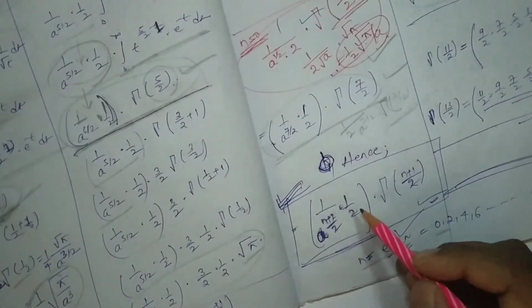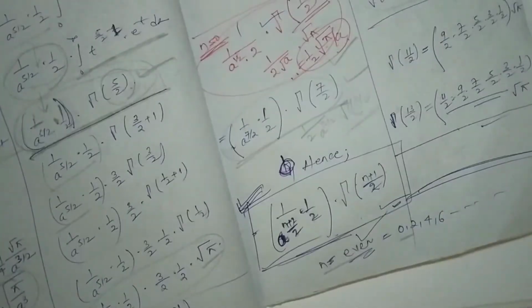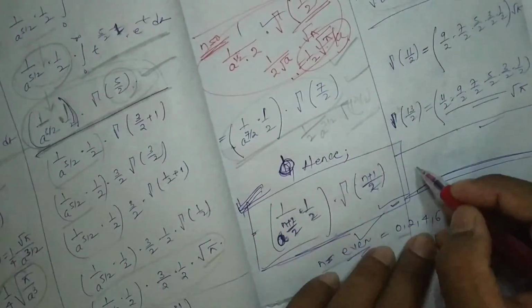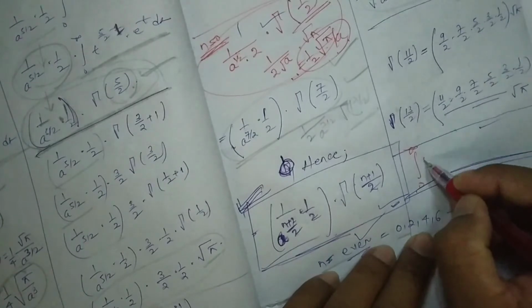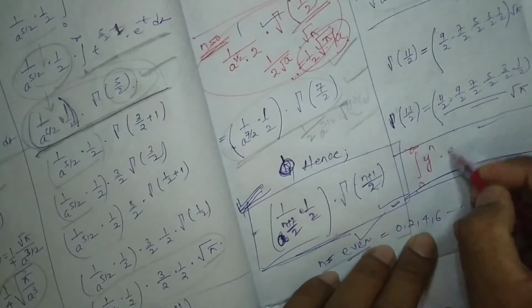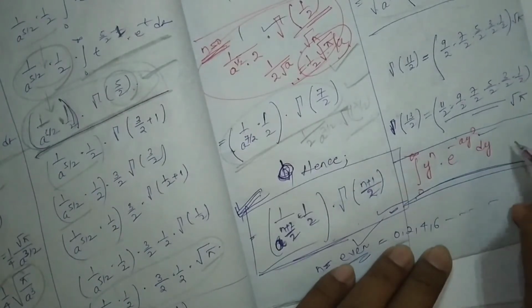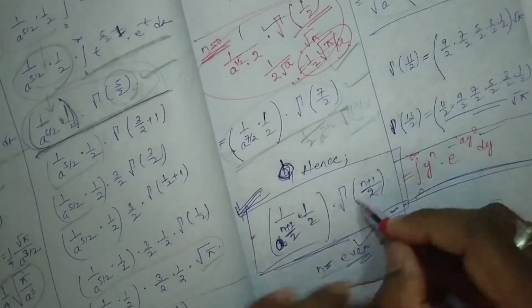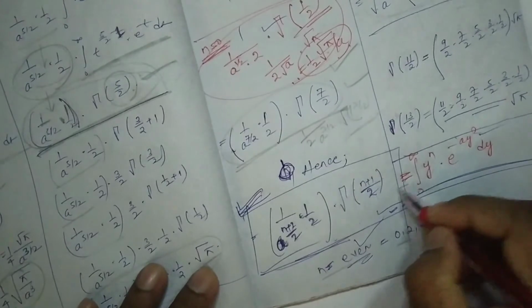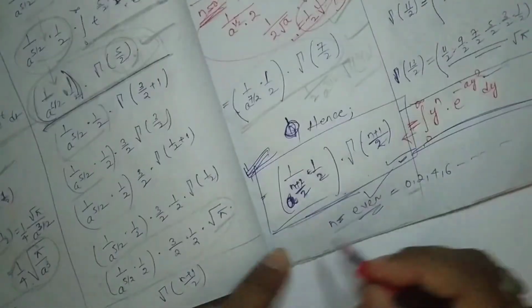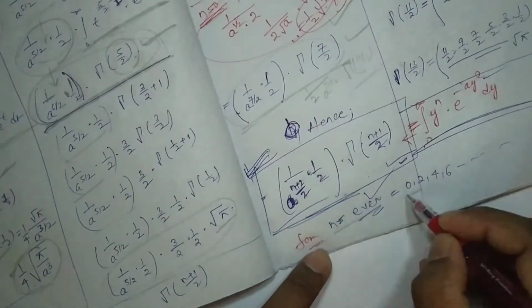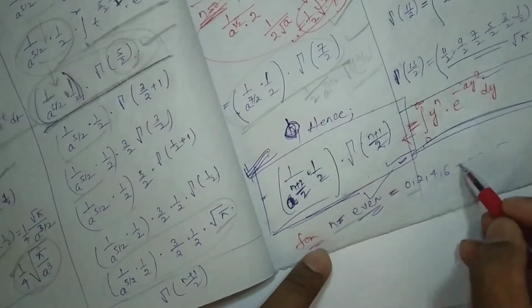Hence, in general, we can write that the integral from 0 to infinity of y to the power n into e to the minus a y square dy is equal to this much, for n equal to even, that is n equal to 0, 2, 4, 6.